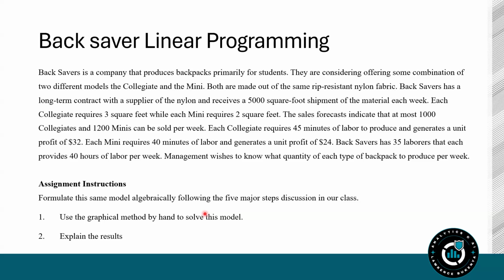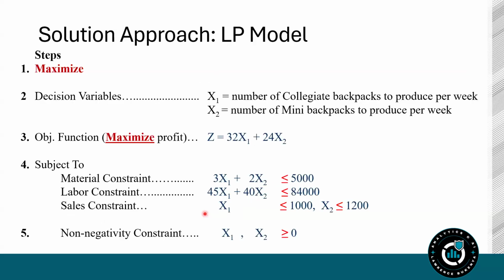This is because the graphical method is only recommended when you have 2 decision variables. If you have more than that, it becomes very complicated because it's hard for students to start thinking beyond 2 dimensions, right? Then we are going to explain the results once we're done.